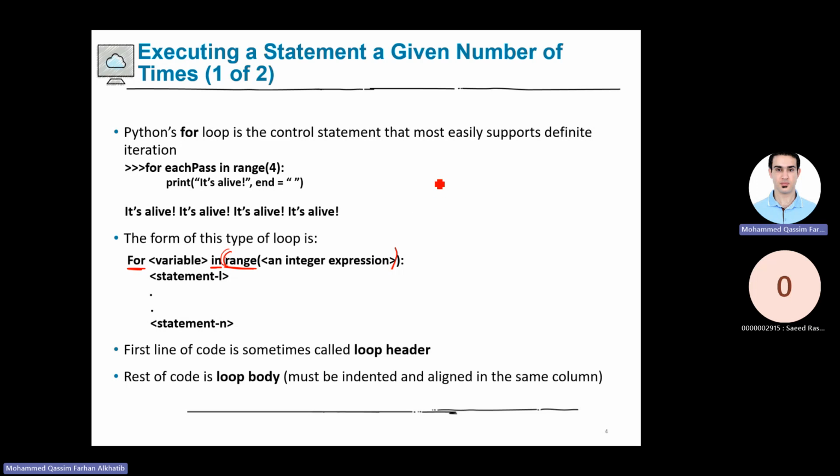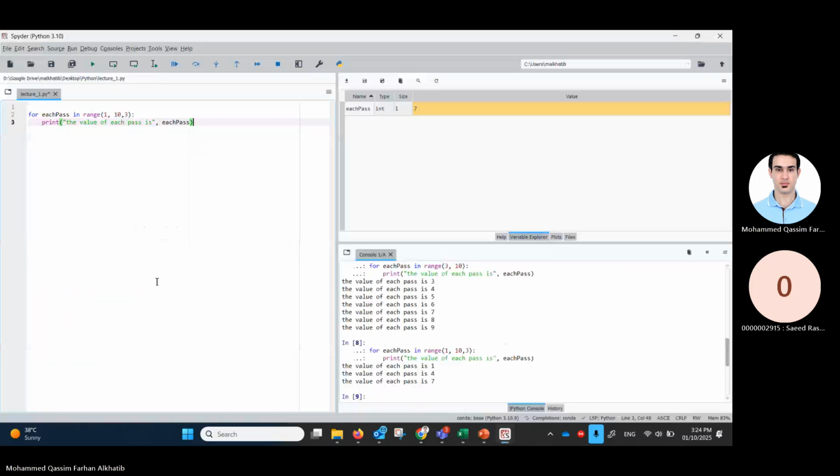So basically range will return a data type, what we call a list. And actually range itself is a data type. For example, go back to Spyder. Okay, x equal range 4. So let's examine the data type of x.